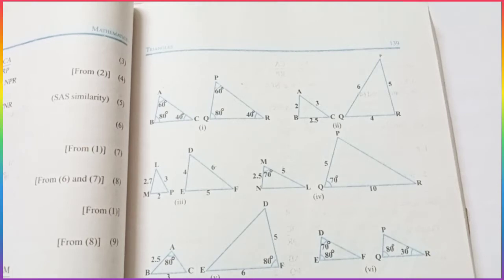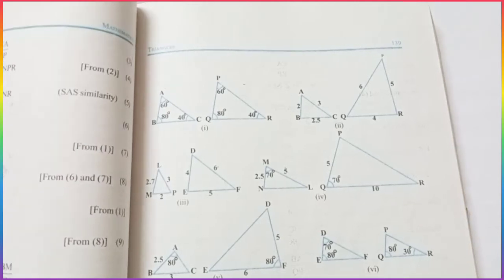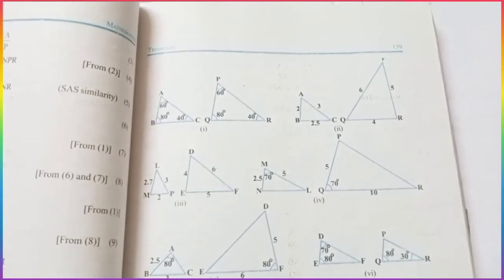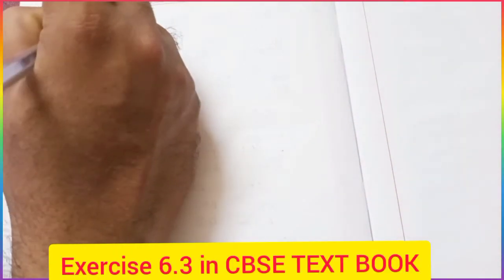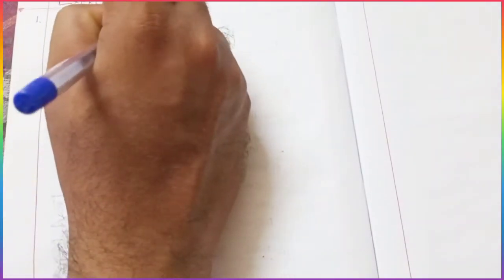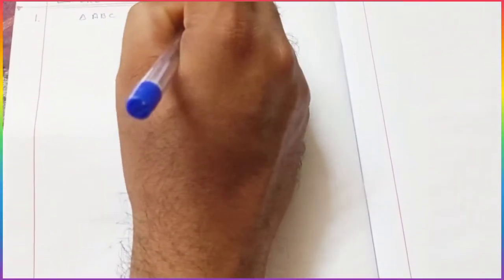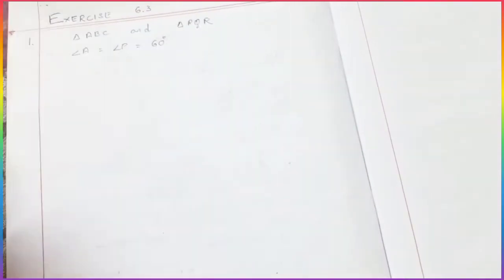So they have provided only the angles, but they have not mentioned the sides. So we need to go with the condition of angles itself. The corresponding angles are equal. So I will write down here: in triangle ABC and triangle PQR, angle A is equal to angle P, because both of them are equal to 60 degrees.